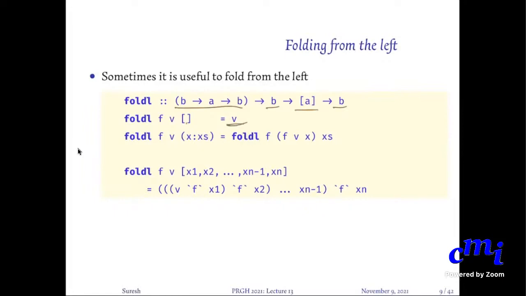Here is the important thing. If you want to do foldL f v of x colon xs, you don't recursively do a foldR-style computation on the tail and then combine it with the first element.